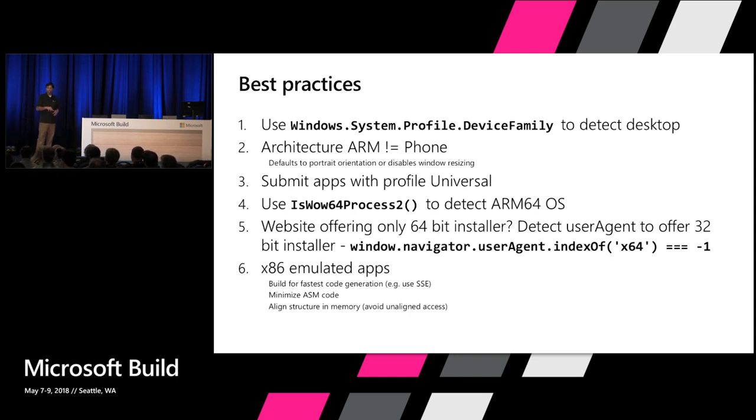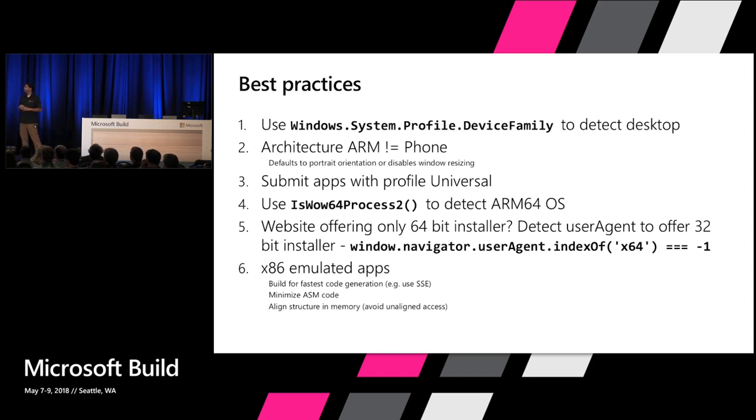Finally, if you're an emulated app and you really are interested, hey, how do I make sure my emulated app works well? I would say the first P0 is don't worry about it. Don't think about how the emulation works. Just assume that it works. Don't try to do anything special. But if you still want to, I would say, try to generate the fastest code you can. Use all of the compiler options. Decide between OS and size and speed.